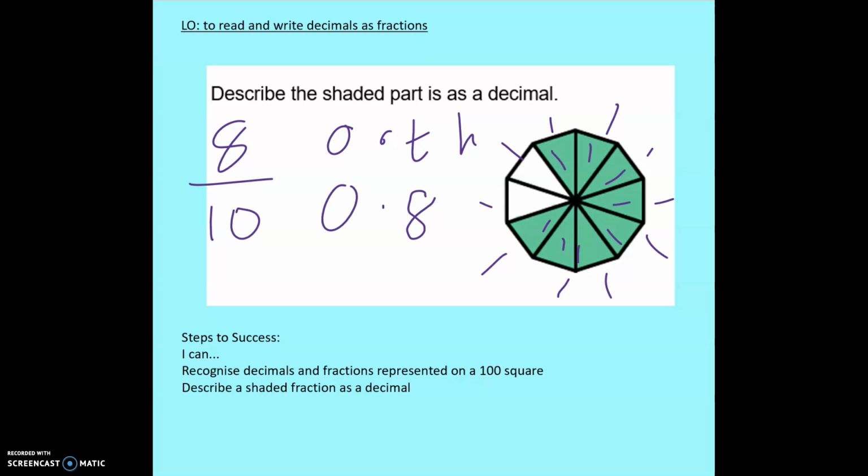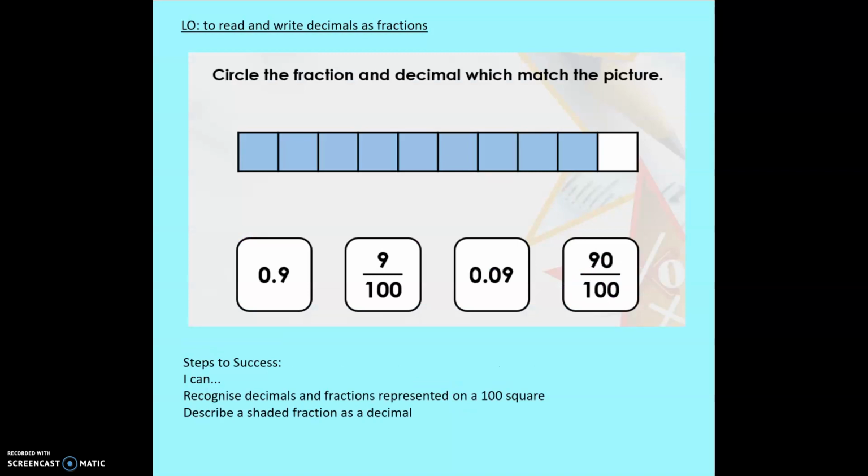As you can see at the bottom, we've added a next step into our steps to success where we're describing a shaded fraction as a decimal. Let's see if you can do this one. Circle the fraction and decimal which match the picture. How many chunks are coloured in? How many chunks do we have altogether? 1, 2, 3, 4, 5, 6, 7, 8, 9, 10.